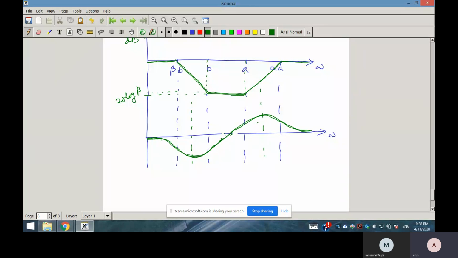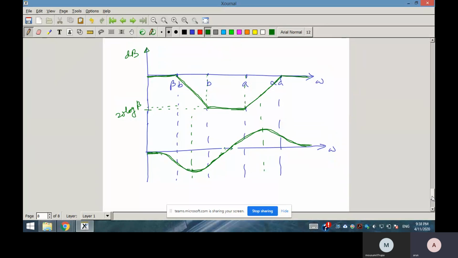Now you can see what the objective is. The objective is to achieve phase lead as well as gain attenuation.